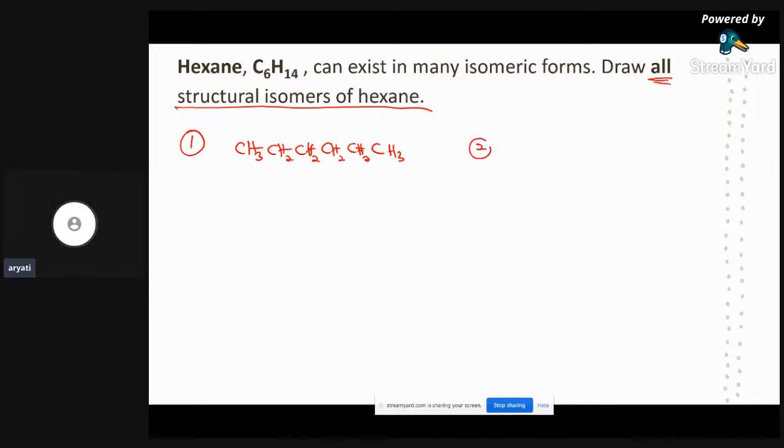So structure number 2, kita buat satu branch. So sekarang dia daripada longest skeletal 6 kita jadi 5. Okay, the second the one branch at carbon number 2. So kita completekan number of hydrogen. So make sure kamu kena completekan number of hydrogen.